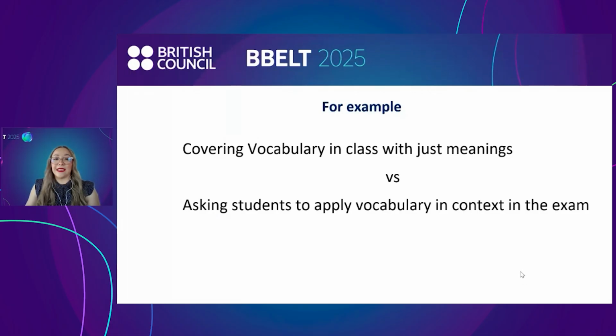In the exam, we are asking them either to apply vocabulary in context or fill in gaps with the vocabulary words. However, that is not how we taught our students to work with those words in class. To us as teachers and language experts, it seems like an obvious jump to go from meaning to context, right? But for our students, it's a titanic labor, which most of them will not be able to perform because they have not taken the necessary steps to get there.